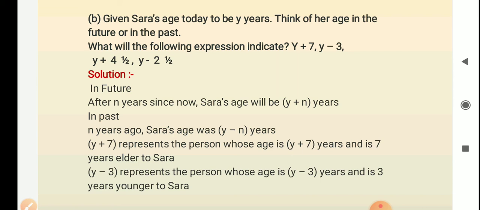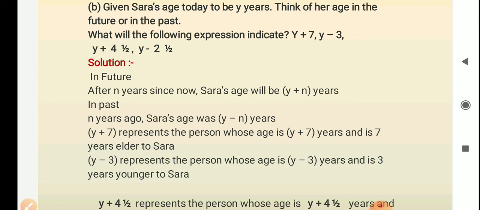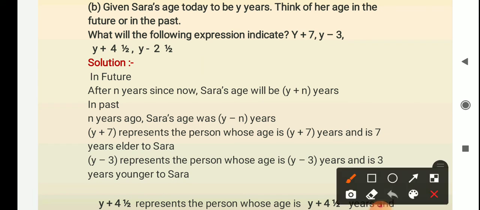Now look here, in the future after n years, Sarah's age will be y plus n years, so we have to add. After n years means future age, so we add n to the present age.